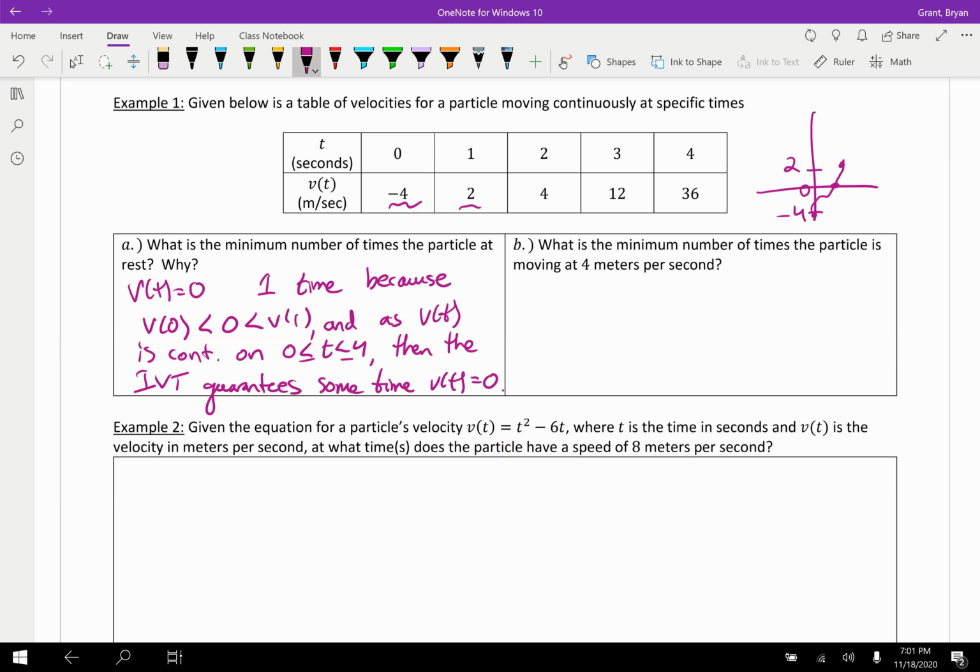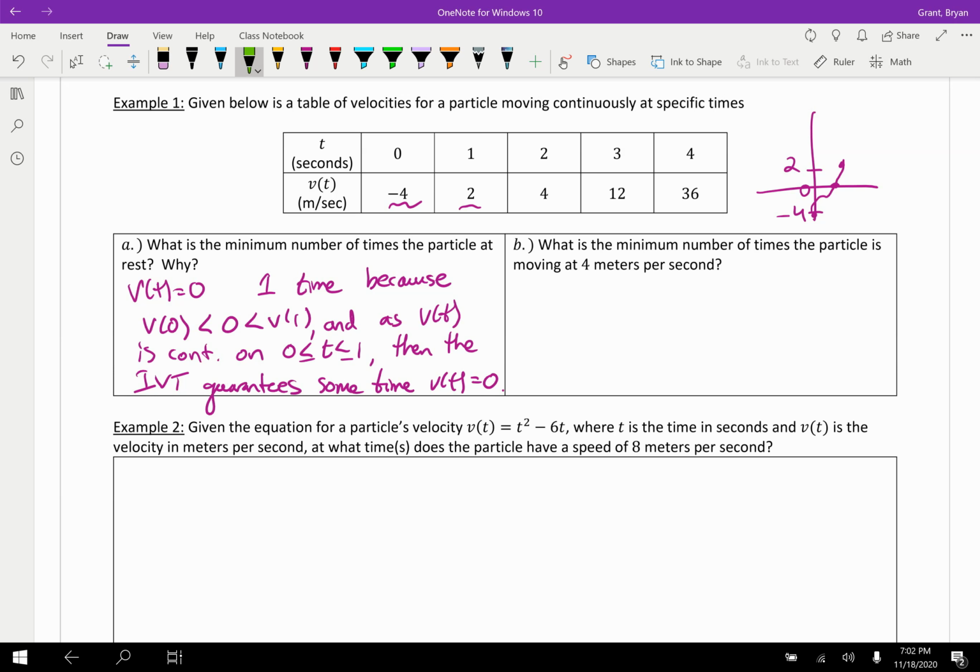That IVT always rearing its friendly little head, saying, hey guys, I can prove something's happening even if we don't know where. And that's that. You probably even could have said from 0 to 1. 0 to 4 is a little bit extra, but it doesn't matter. You get the same points. All right, part B: what is the minimum number of times the particle is moving at 4 meters per second?